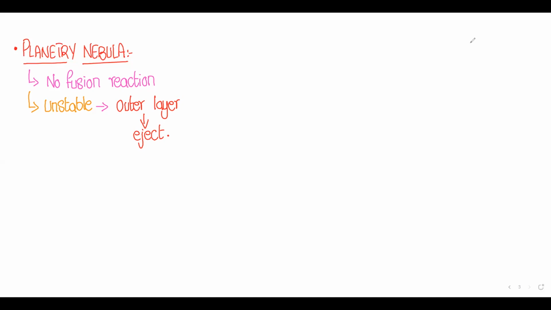And the planetary nebula is that ejected part of the outer layer. We saw in different movies and video clips, like nebula and supernova type documentaries, that gas or dust particles are moving in space. So those are nebulae, right?